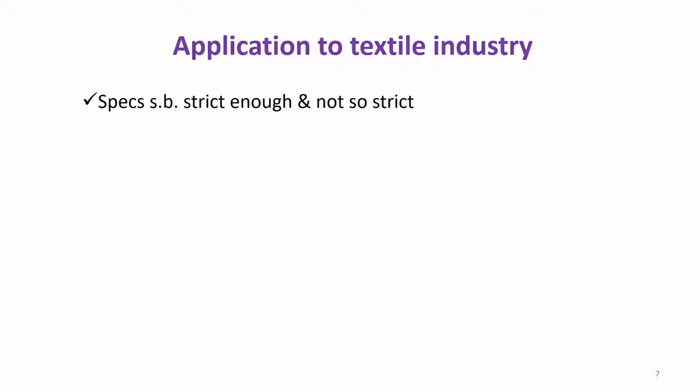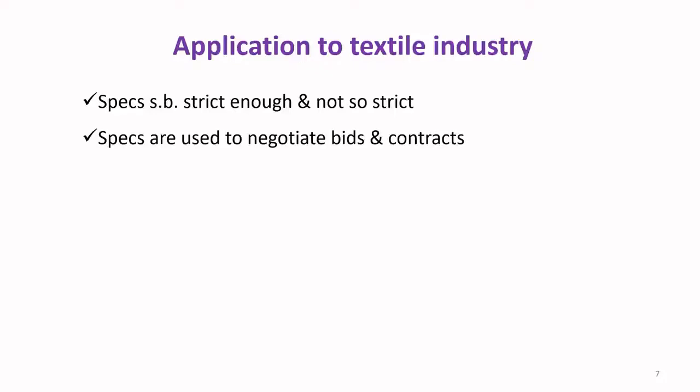So specification should be strict enough in order to control the quality and everything, but not so strict. And yeah, specifications are used to negotiate bids and contracts.